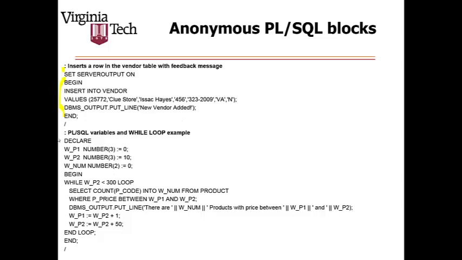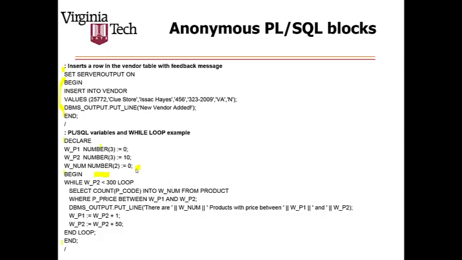Right, now here's another one. We declare our variables with a type. We give them a value. Now we come down and we have our begin and end statement for the procedure. Here we have a while loop. And what we're doing is, while P2 is less than 300, we're going to select the count of the P code into the WNUM, right?